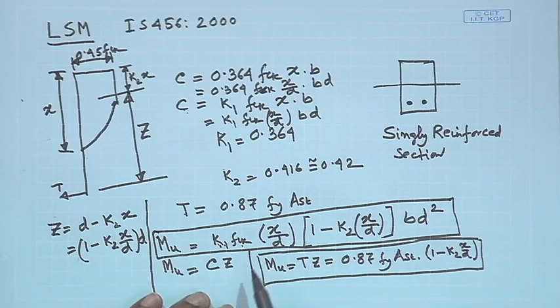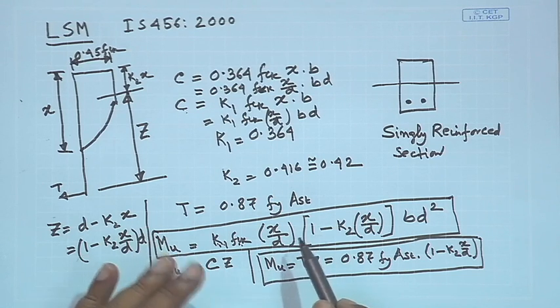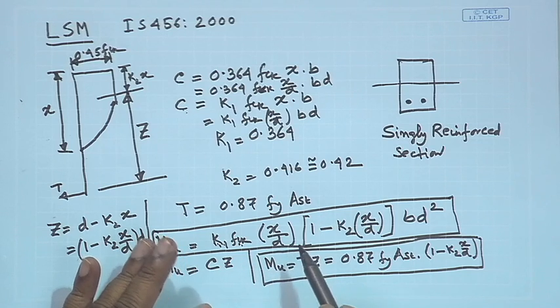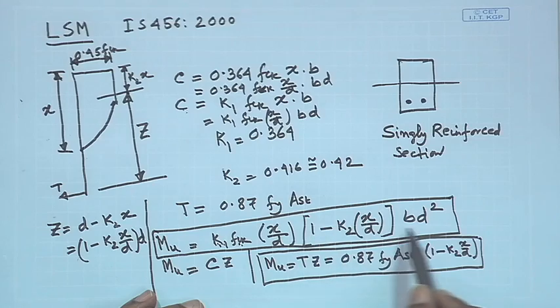Now what I would like to say is that K1 FCK x by d, all these equations whatever you are writing, you will find out later on that they are independent of any method, whether it is working stress method, limit state method, IS456 or IRC 112. You will get that format of equation every time.